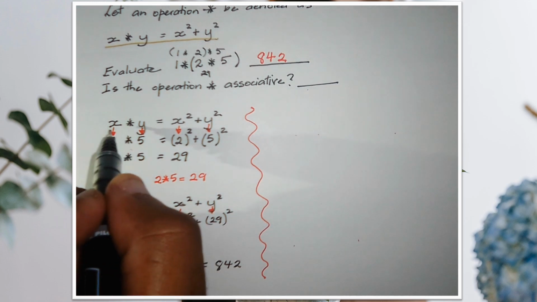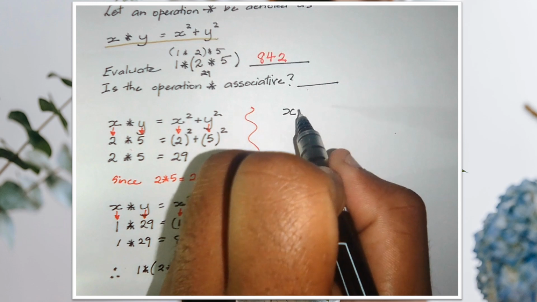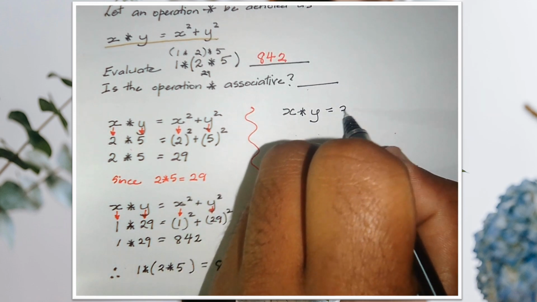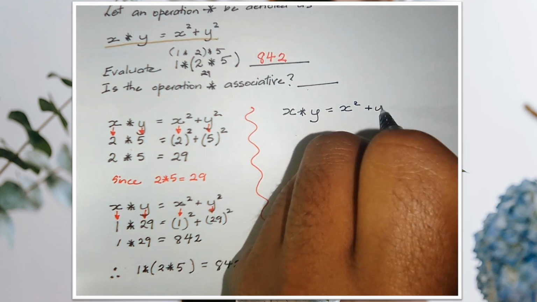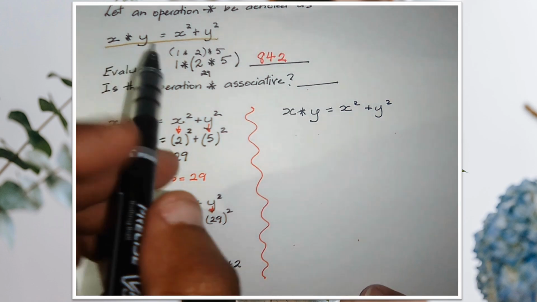So we're going to always start off with the original binary operation given. So that's x star y is equal to x squared plus y squared. And we're doing BODMAS, brackets. So we're going to work with the brackets first.